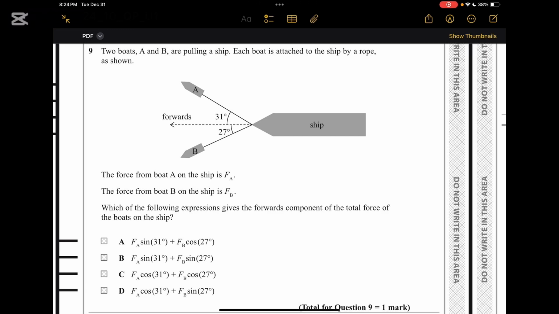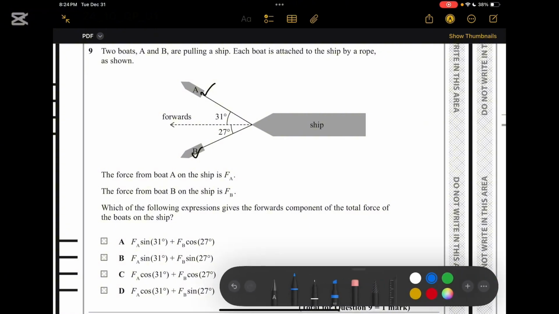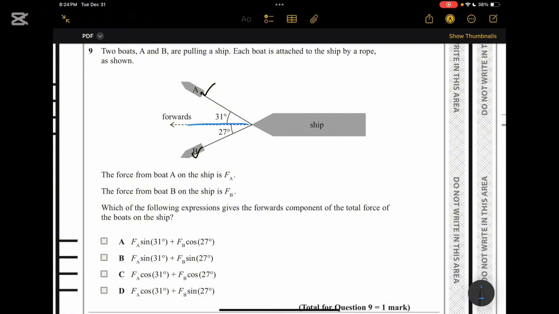Okay, this is force A and this is force B. We can see that for force A, this is going to be FA cos 31, because this line is at an angle. And for this B, this is going to be FB cos 27.